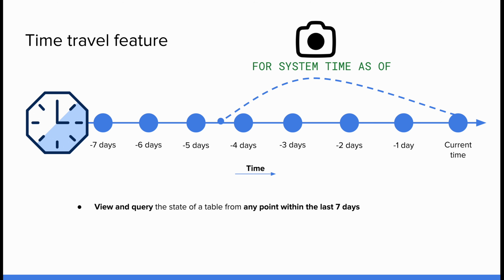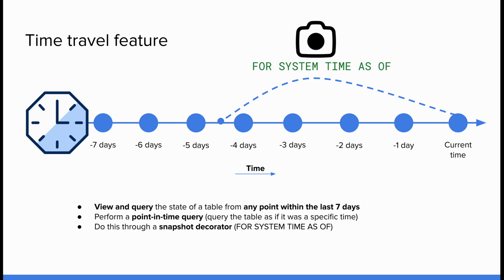This lets you essentially travel back in time and look at how your data appeared at any given moment during that period. You can do this by performing a point-in-time query, querying the table as if it was at a specific time. And to do that, you use this snapshot decorator that we mentioned earlier in this slide.